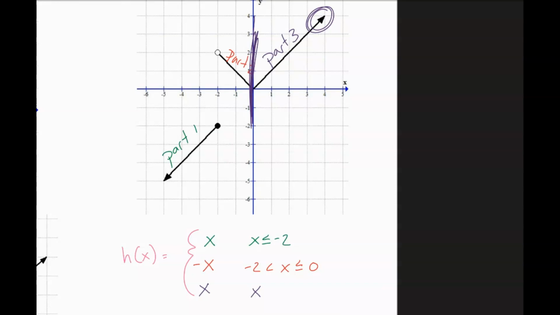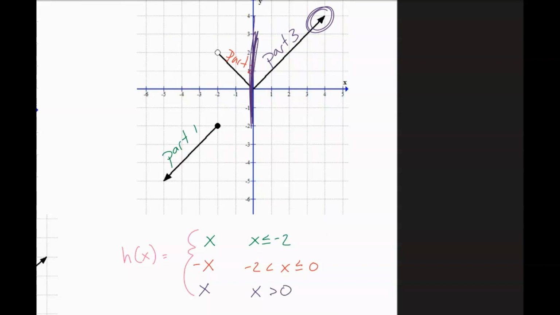Because I included 0 here, I had less than or equal to 0, I cannot have greater than or equal to 0 because then I'm accounting for that 0 twice. Because by function rule, for every one x value, you can only have one y value. So instead, it's just greater than 0.